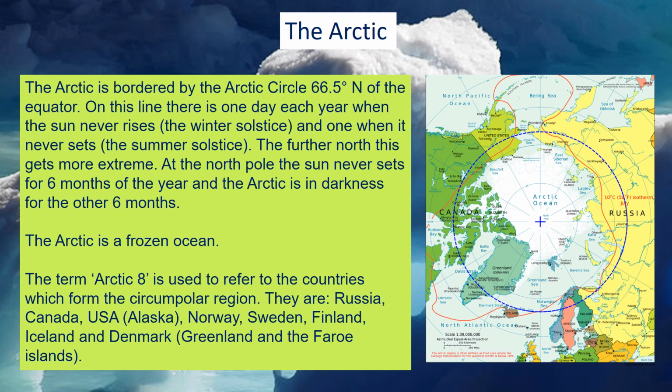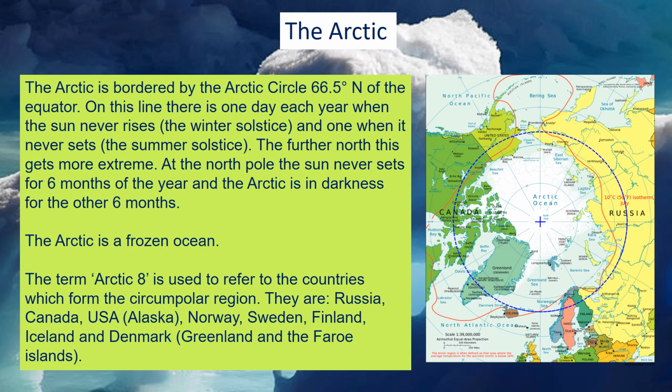Okay, a little bit more information about the Arctic. As we know, the Arctic is bordered by the Arctic Circle, 66.5 degrees north of the equator. This line is defined as the area along the line has one day each year where the sun never rises and one day where the sun never sets.